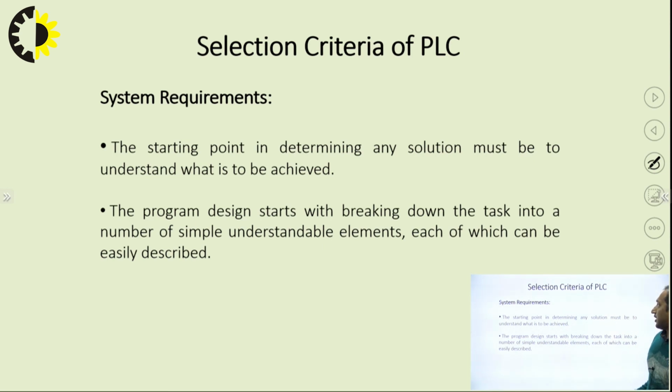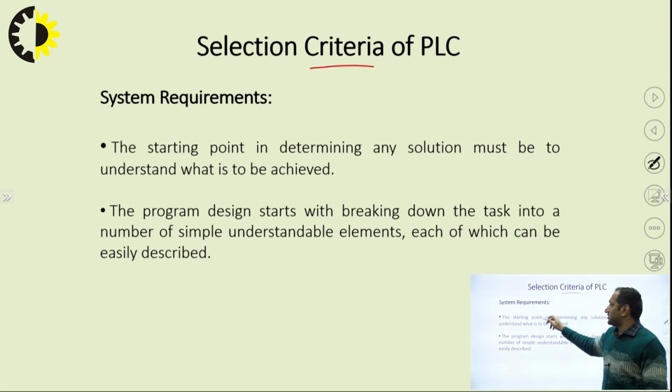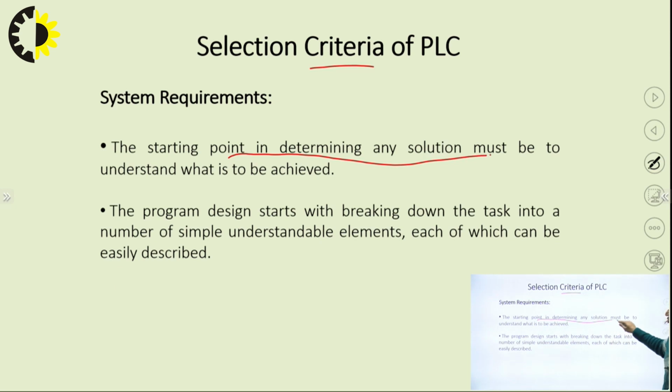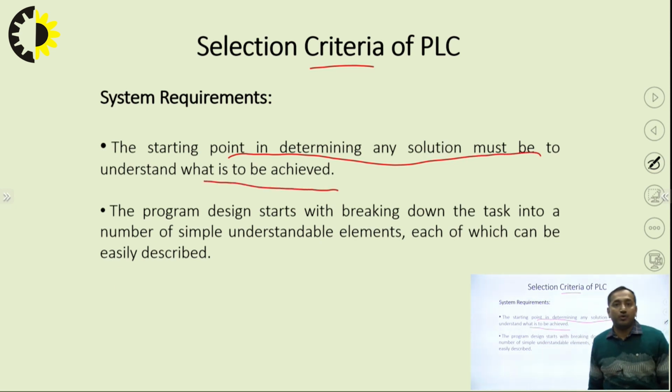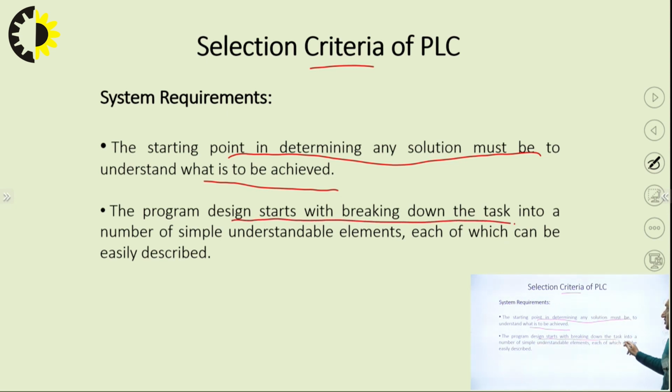So for the system requirements, the selection criteria of a PLC, the starting point in determining any solution must be to understand what is to be achieved, like how many input output devices are required, how much memory space you require to install in a PLC. The program design starts with breaking down the task into a number of simple understandable elements, each of which can be easily described.